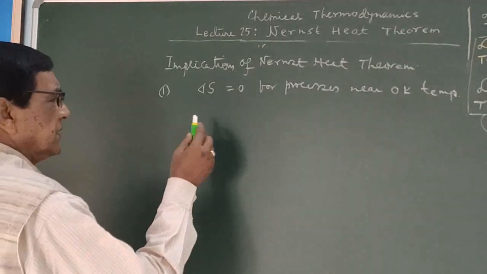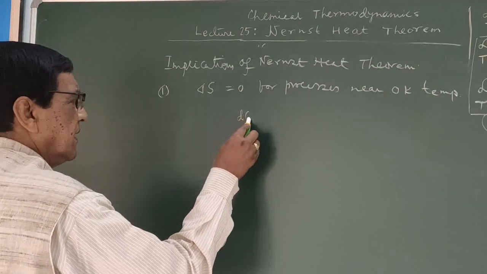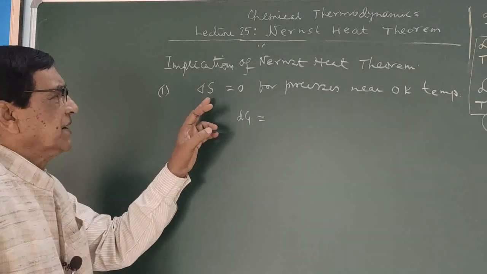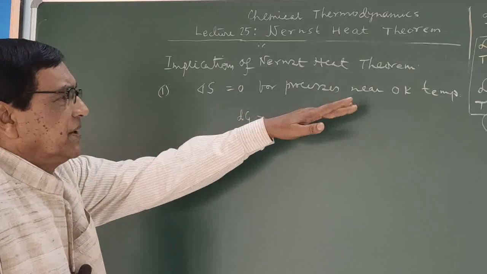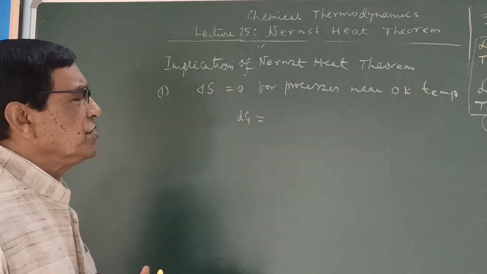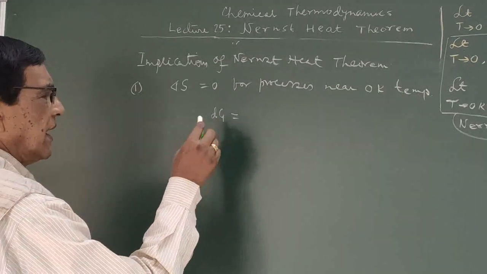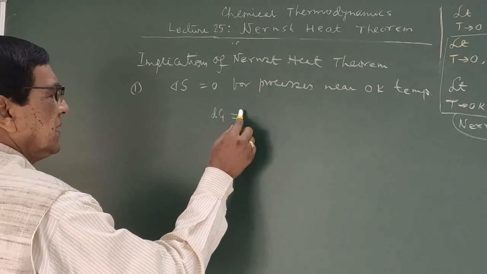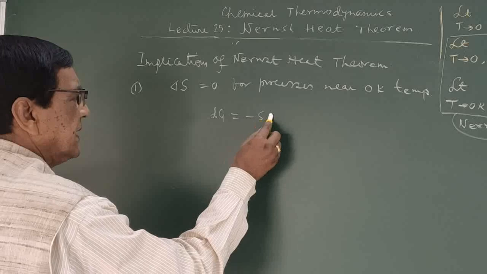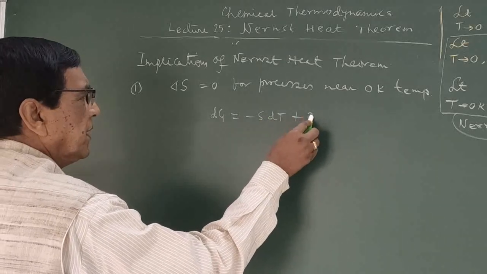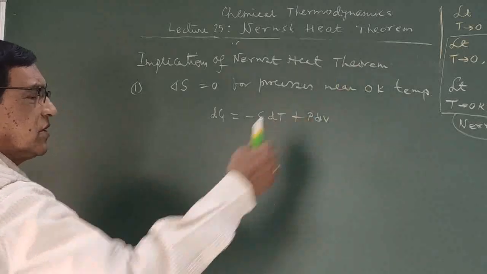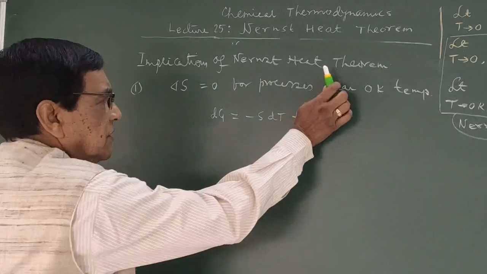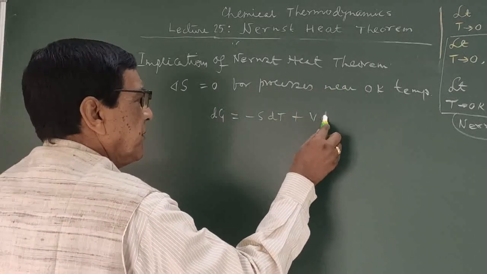Now I would like to formulate how this delta S becomes equal to 0 whenever T is very low, near 0 Kelvin. We have this basic thermodynamic equation, dG equal to minus S dT plus V dP.